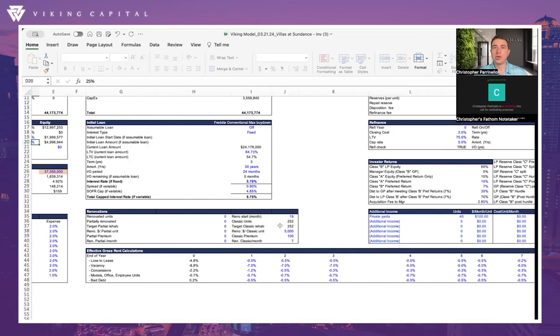Now, if New Braunfels gets hot again and a lot of these newer properties run through their concessions and, at the price point that they built at, have to increase their rents, and we're able to capture $100 or $150 of rent growth without doing these renovations, there's also a case to be made that we don't do any renovations. We capture whatever rent growth we can organically, and we save this for when we sell the property to entice a buyer to pay more.